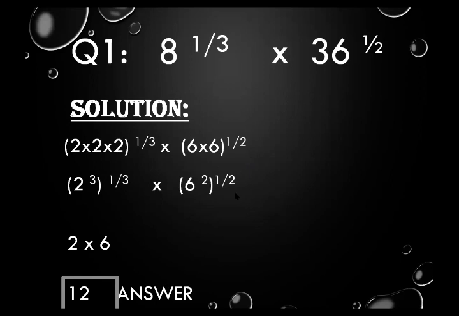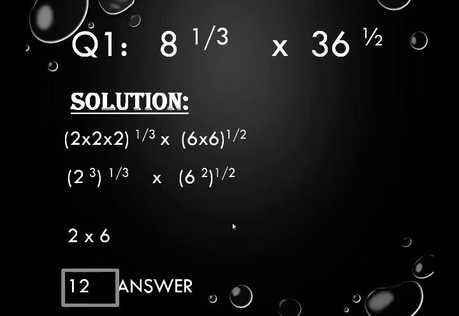We have the same situation, multiplied by 1 over 2, so both exponents will be multiplied. 2 and 2 will cancel out each other and we will have only 6 as the base. So finally 2 multiplied by 6 gives you 12, and it is your answer. Again go through the question, follow the steps, follow the exponents and factorization, and check your understanding.